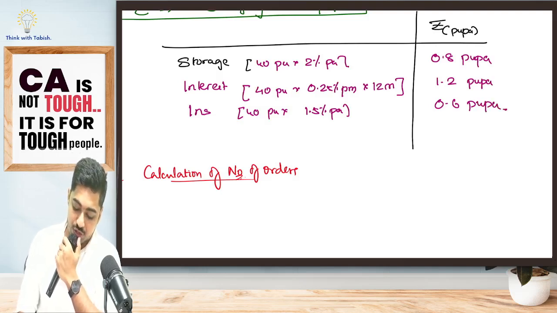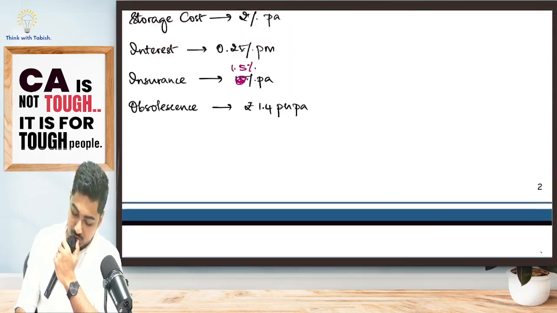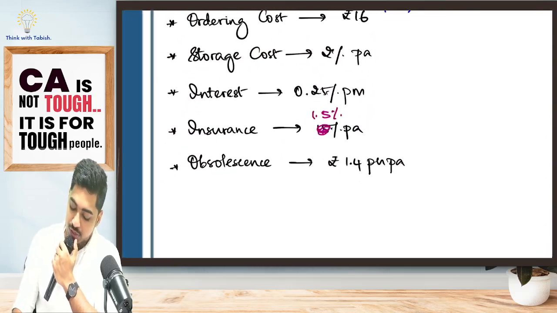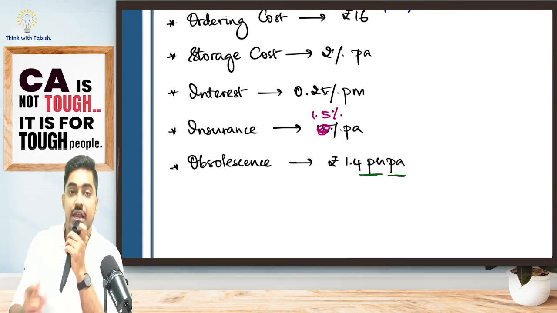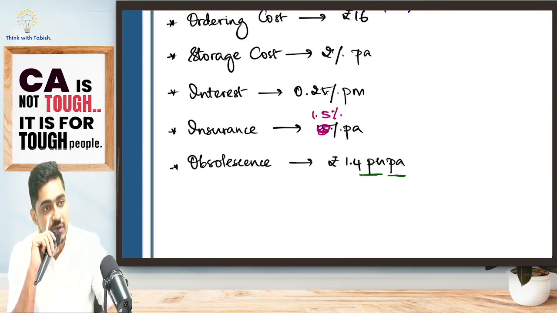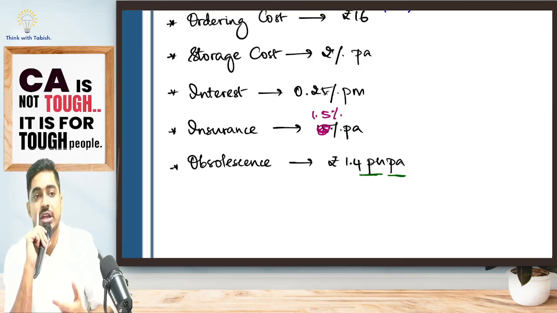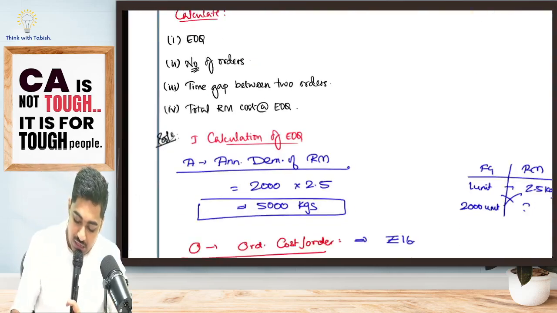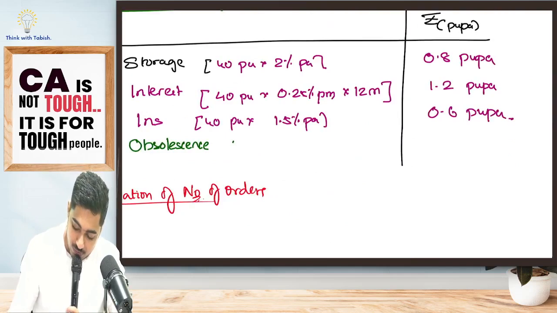Final item is going to be what? Obsolescence, which is how much? 1.4 per unit per annum. How I also want per unit per annum, and it is also given per unit per annum. That means, do I need to do anything? Nothing, boss. Write it down. That's all. 1.4 pupa.